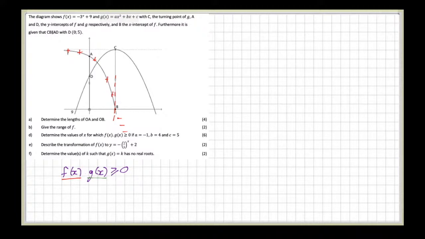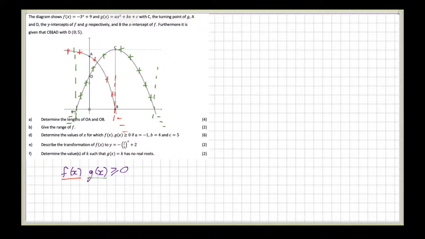But now if I look at g of x, my graph starts off being negative all the way up to that point there. Then my y values become positive, all the way up to that x value. Then my graph swaps to being negative again.